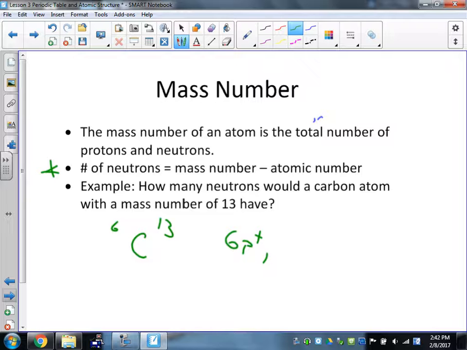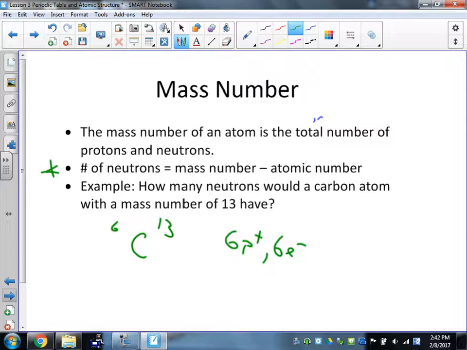How many electrons does this carbon have? Yeah, Darby. 6. So we're doing a neutral atom, guys. 6 protons, 6 electrons, right? Now, how many neutrons does this one have?